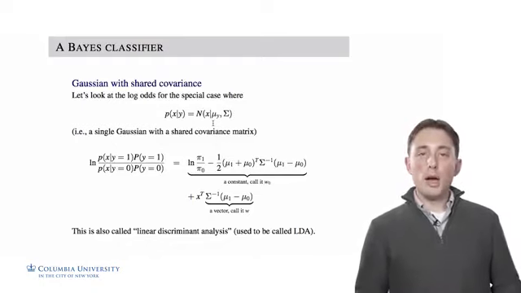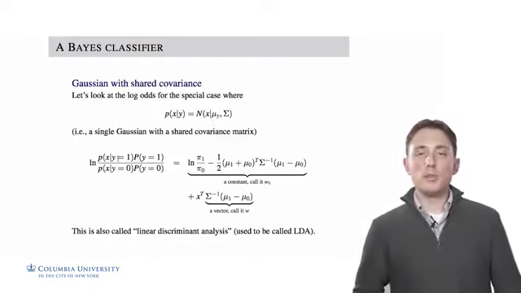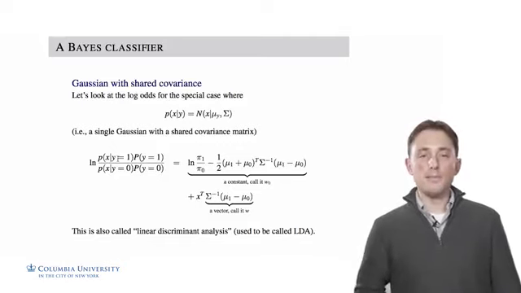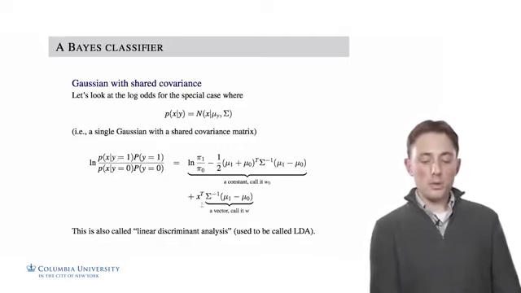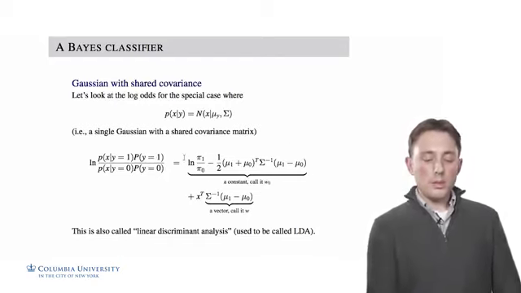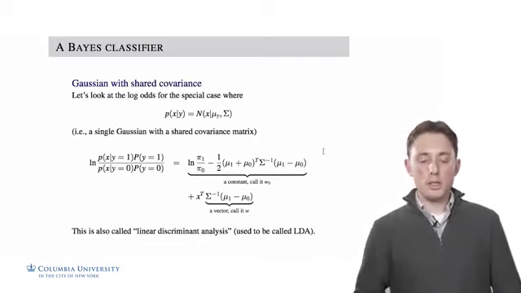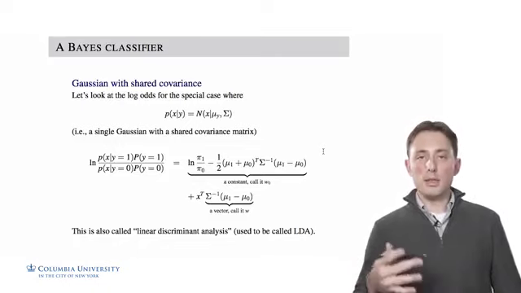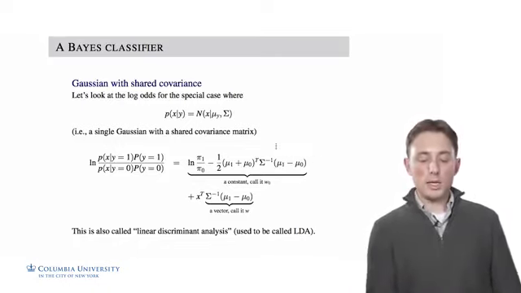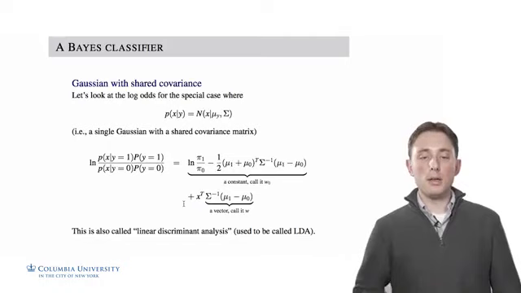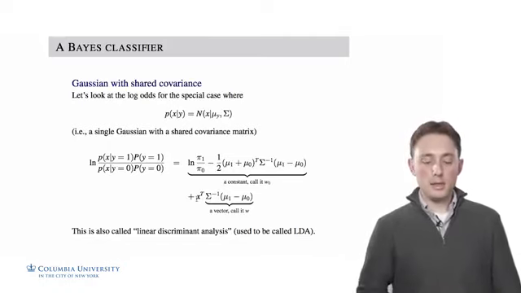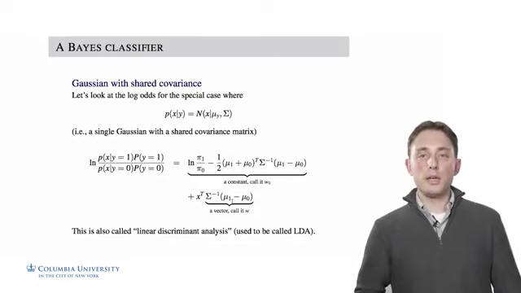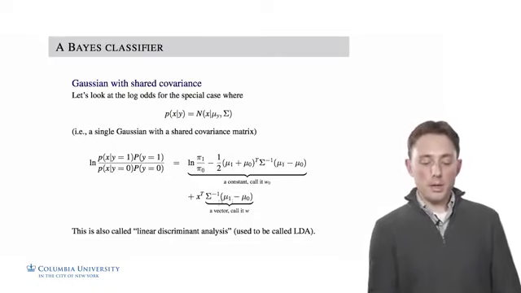If we plug in the values for these distributions and calculate, we'll see that the log odds is equal to something that doesn't involve x. Whatever this function equals, it's a constant. It doesn't interact with x at all. Call this constant w0, plus this additional term that does depend on x, which is a dot product between x and this matrix vector product, which is also a vector. Call that vector w.